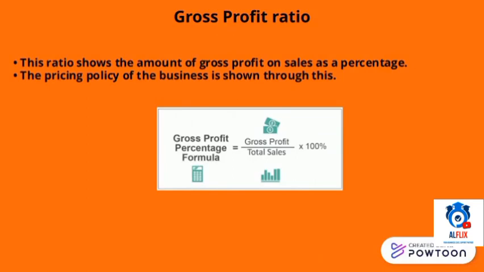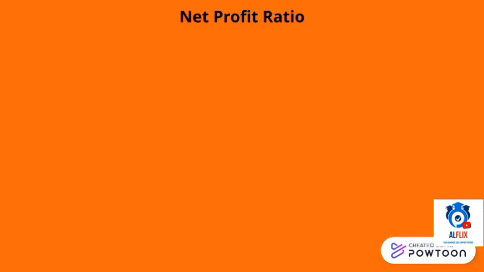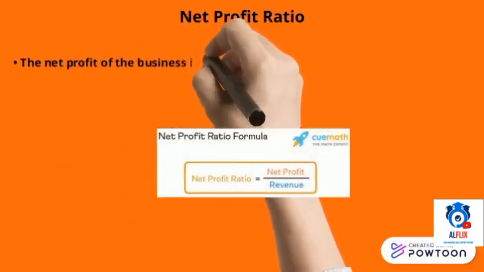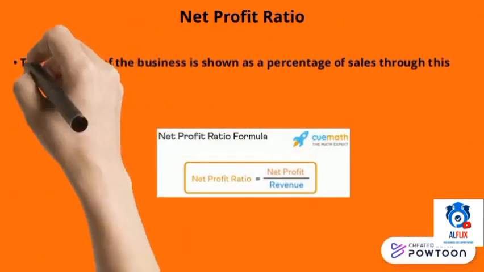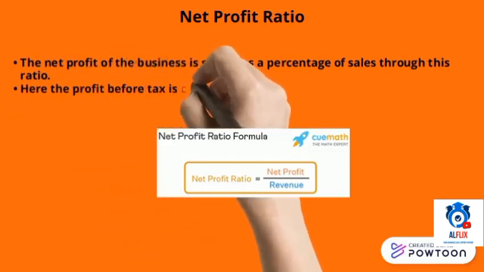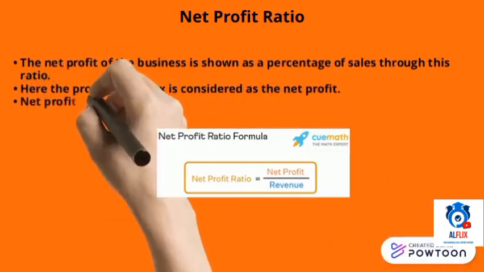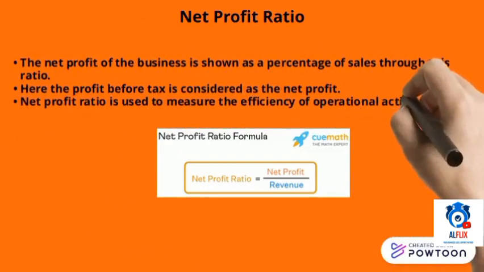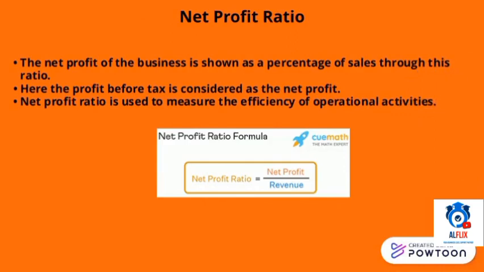The pricing policy of the business is shown through this. Net profit ratio. The net profit of the business is shown as a percentage of sales through this ratio. Here the profit before tax is considered as the net profit. Net profit ratio is used to measure the efficiency of operational activities.